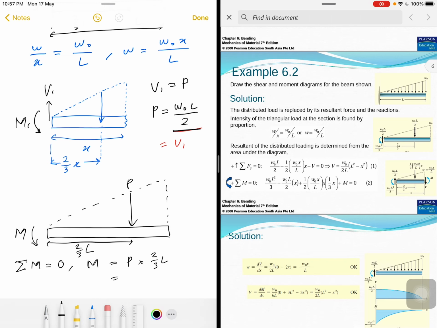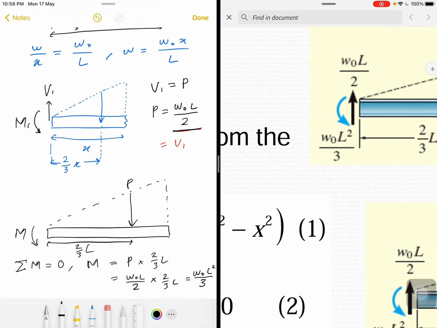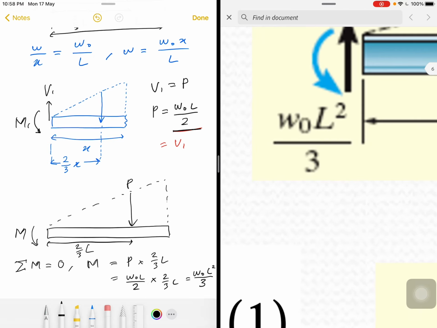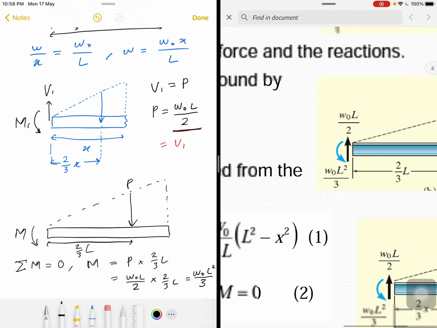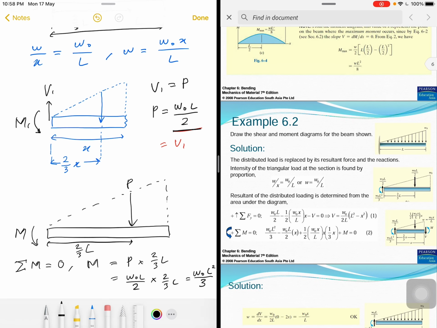So W naught L over 2 times 2/3 L equals W naught L squared over 3. So if you look right here, the equation is similar, so this is correct.